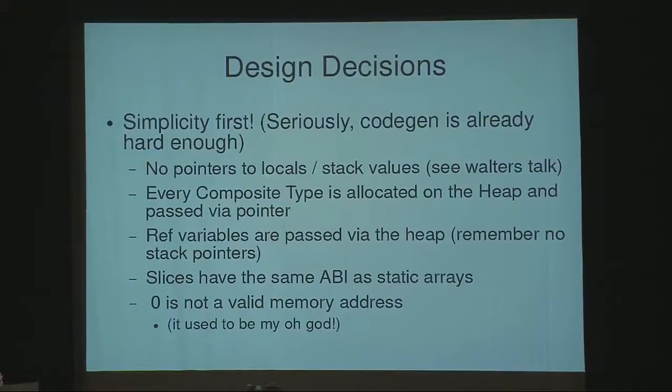Slices, like dynamic arrays, which are slices, have the same ABI as static arrays, just that in static arrays you don't change the length, but the ABI is the same, so it's very common in DMD that you cast static arrays to slices, and that is basically no op, because the ABI is the same.